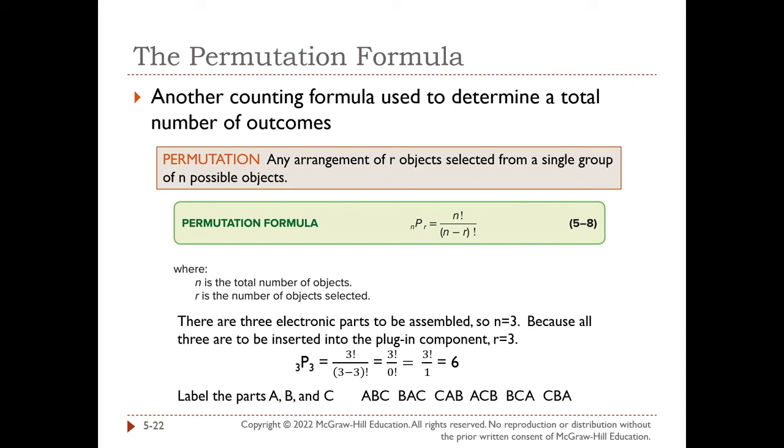So, our formula is: the permutation of N objects taken R at a time equals N factorial, exclamation point, divided by N minus R factorial. It's been a while on that one to say that correctly. But basically, 0 factorial is equal to 1.